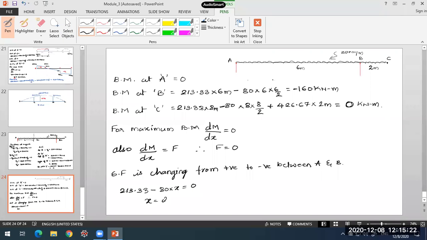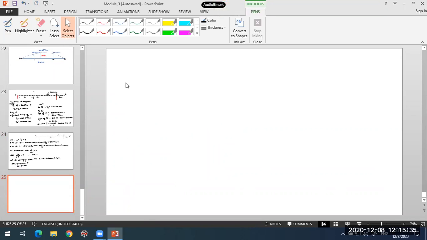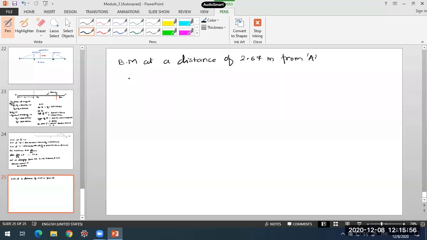So x is equal to 2.67 meter. What is the bending moment at this point? Bending moment at 2.67 meters from A will be the maximum bending moment here. So the bending moment at a distance of 2.67 meter from A will be 213.33 into 2.67.